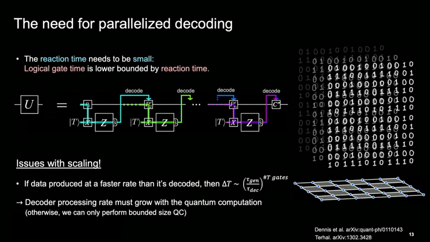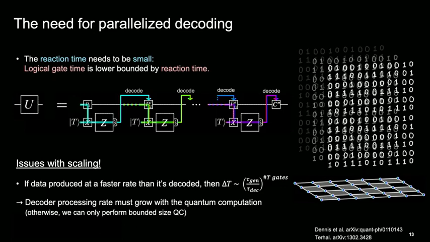If your decoder is too slow, so if it's not decoding the data at the rate it's being produced or faster than that, then you can run into what's known as the backlog problem, which was identified by Terhal in this nice paper. And the idea is that while you're waiting for a decoder to return the output and you have to idle your gate, you're also producing more data.